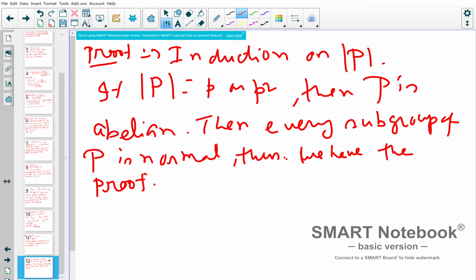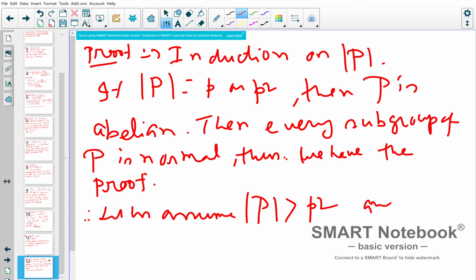Okay. Now what does that mean? That means I need to assume that the order of P is strictly greater than p squared, and we have a proper subgroup H of P.